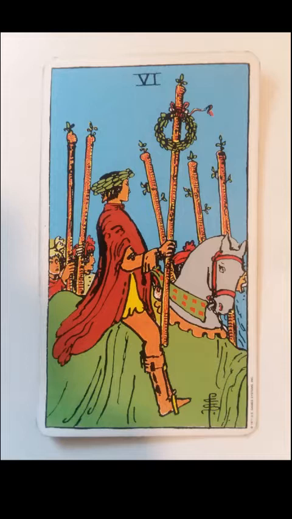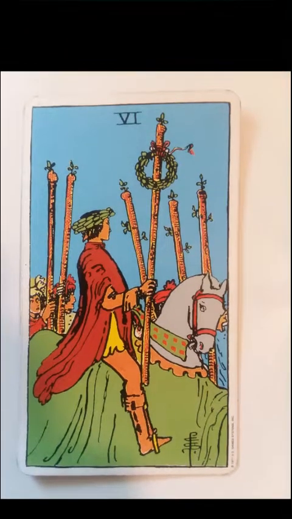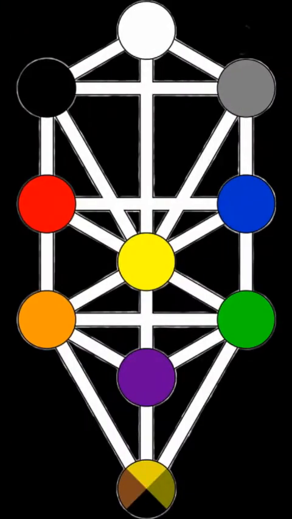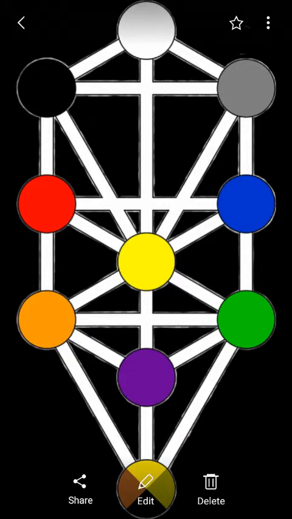Those match up to the circles. Each one goes to one. And the 6 that we're talking about, the 6 of Wands, goes to the yellow circle. Now, I really dumbed that down. There's 10 circles, and you match them up by the number.